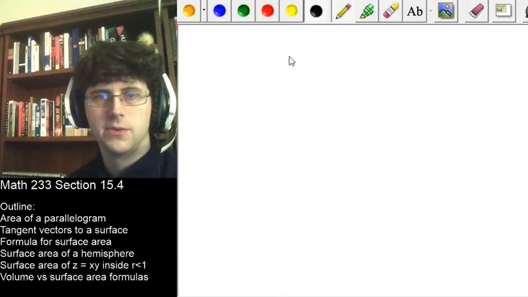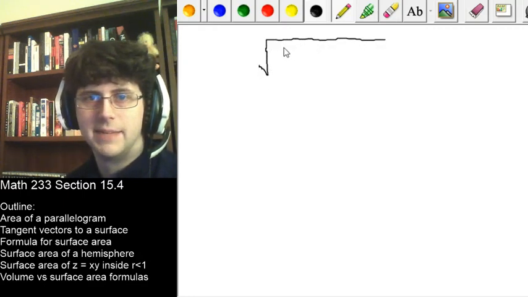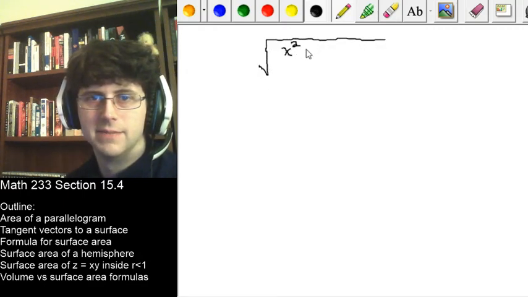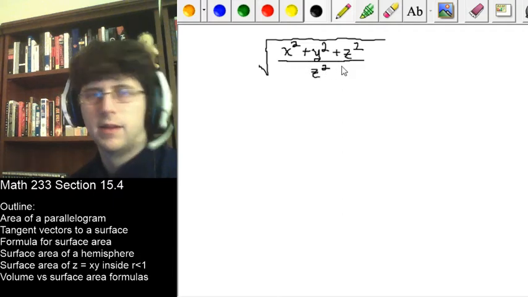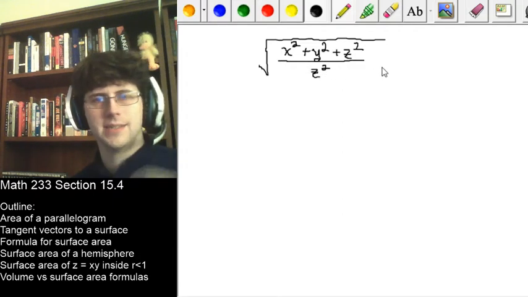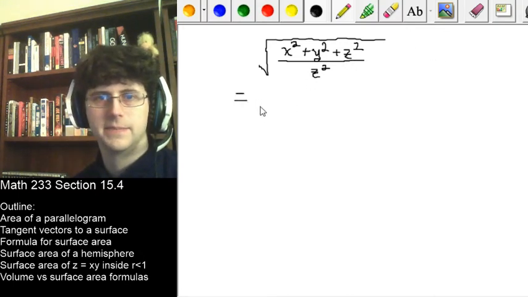Okay, so that integrand, the function on the inside, if I put all that stuff on a common denominator, the common denominator would have been z squared. And if I remember what z was, a square root of a thing, so z squared is actually really easy.